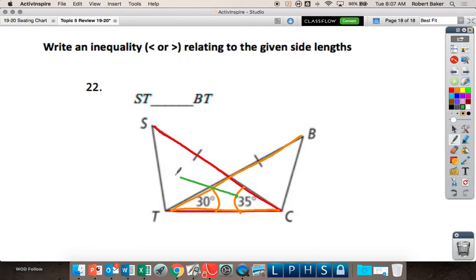So 35 is bigger than 30. So that means that ST is bigger than BT. So again, remember, look at those triangles in your notebook to make sure you can understand what each triangle looks like. This is pretty much the basis of your review.